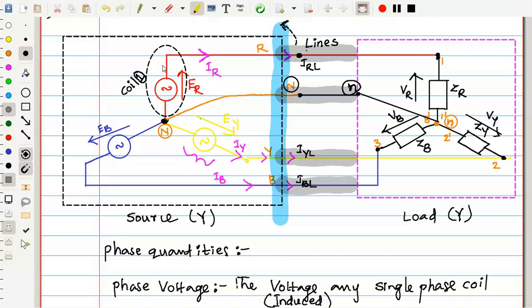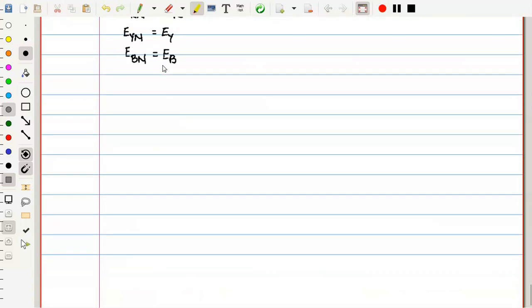Now here try to observe that these line currents are equal to phase currents. So let me write here phase currents first. What are the phase currents?